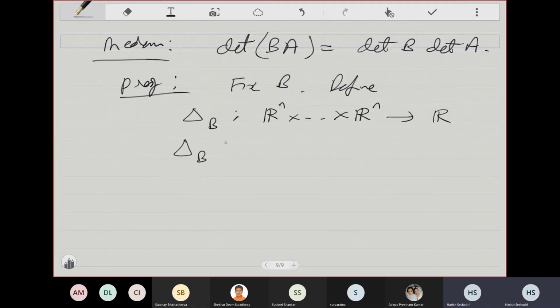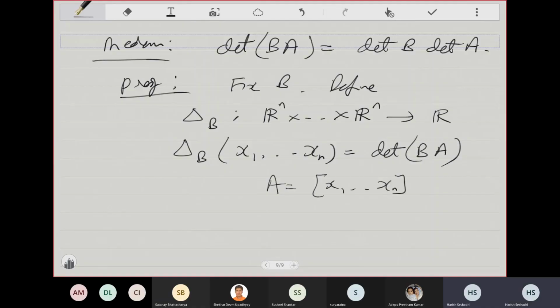It'll act on an n-tuple of vectors, which I define to be determinant of BA, where as usual A is this matrix made up of column vectors x1, x2, xn. As I said, it is just the usual determinant function with a twist. The twist is that instead of just taking det A, I take det of BA. So for each B, I get this function.